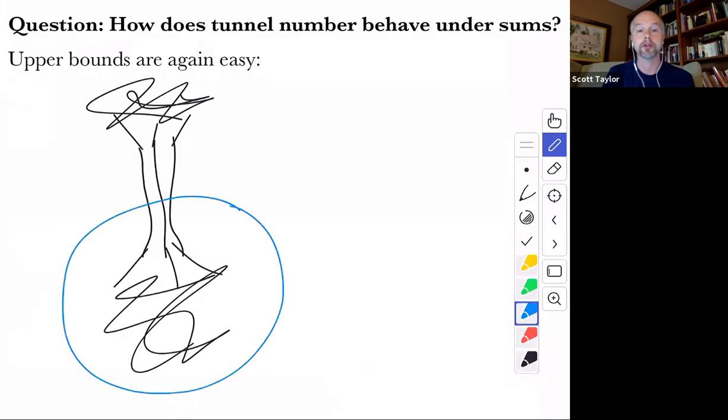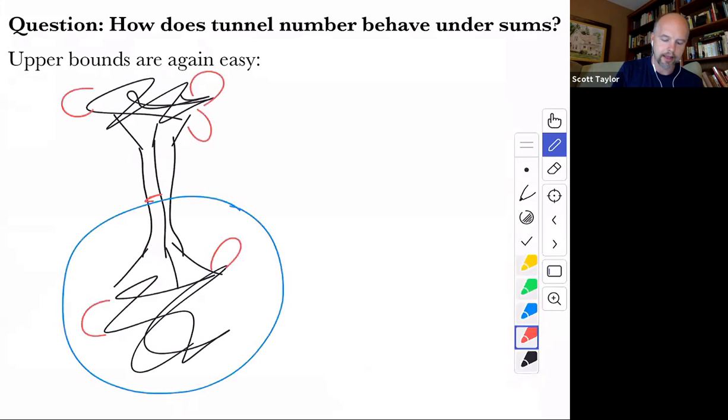There's this thrice punctured sphere separating the factors. If we put tunnels in for each of the factors and add in an additional 2 tunnels, we see that the tunnel number of the sum is going to be at most the tunnel number of the factors plus 2 this time.